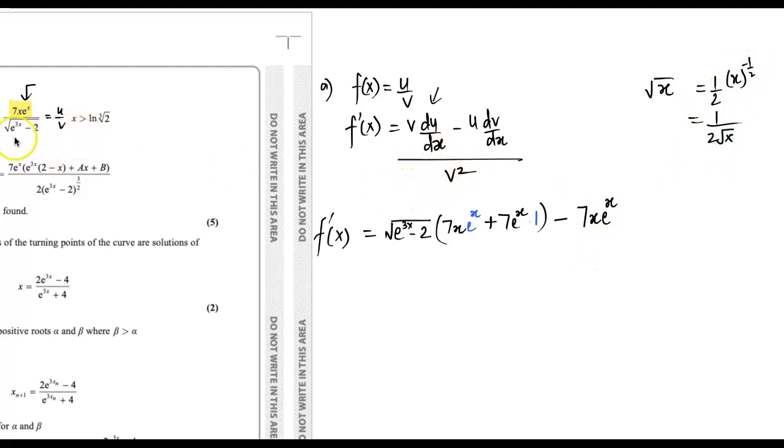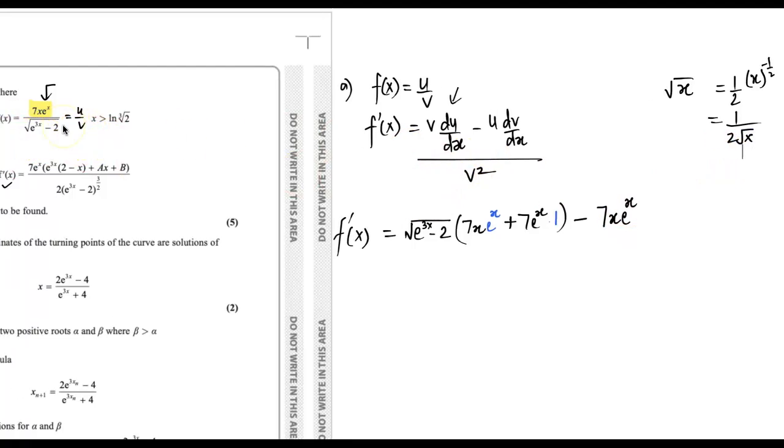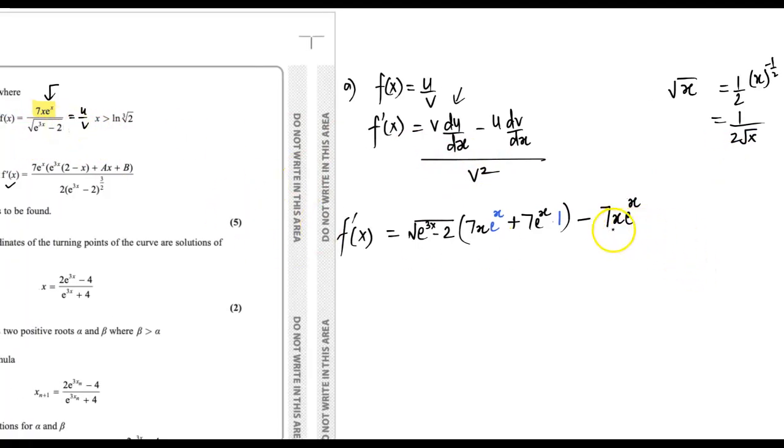So our denominator is root, so we will be getting half, can I say, root e to the power 3x minus 2? Because it's not x, we're going to be differentiating back. So it would be 3 e to power 3x. So this is what we have got.